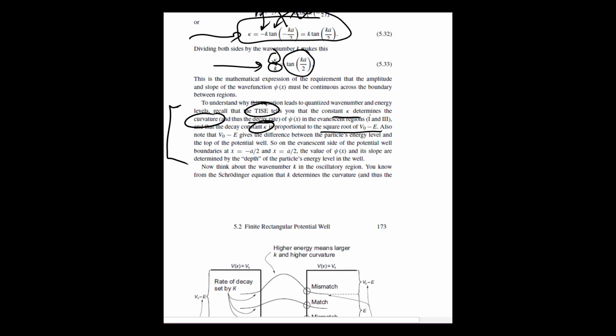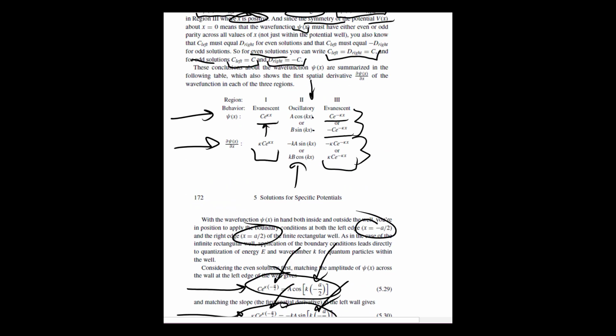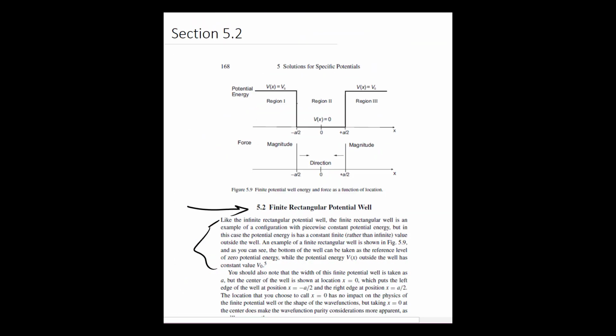Now what is V0 minus E? Let's go back and look at our drawing of the well. Say the particle's energy E is right here. What is V0 minus E? Well, V0 is this level. Here's E. V0 minus E is how deep in the well, if you will, the particle's energy is.